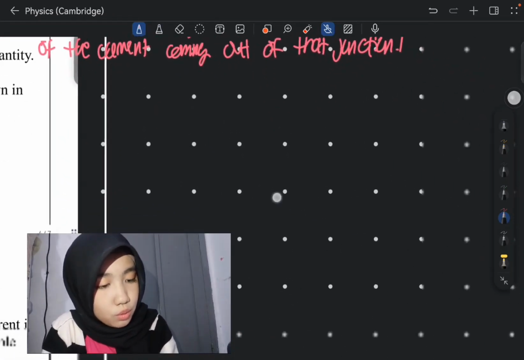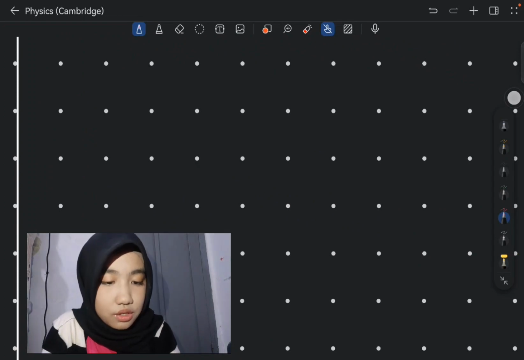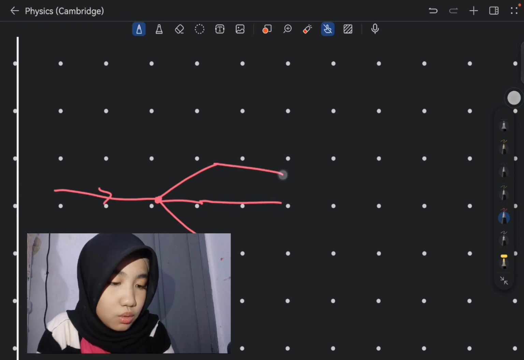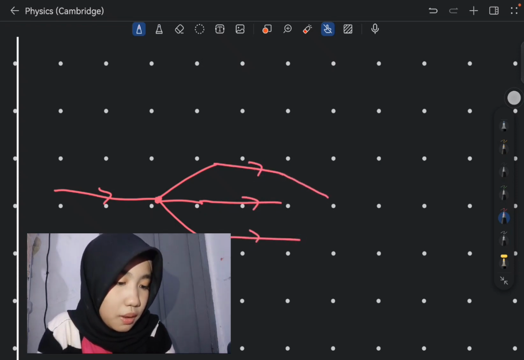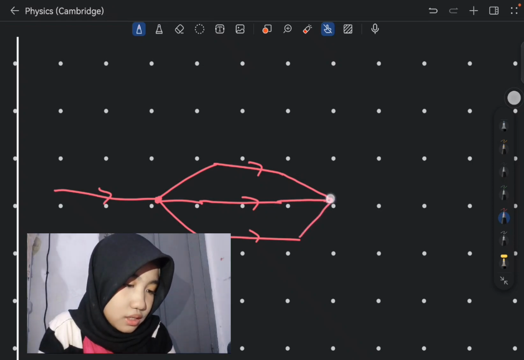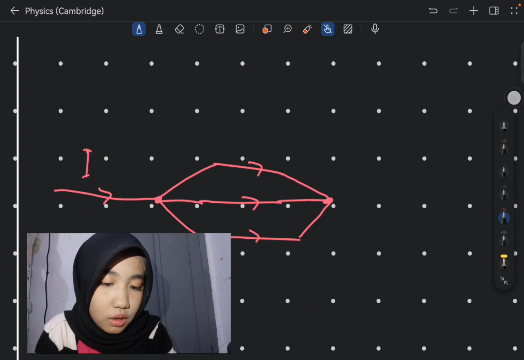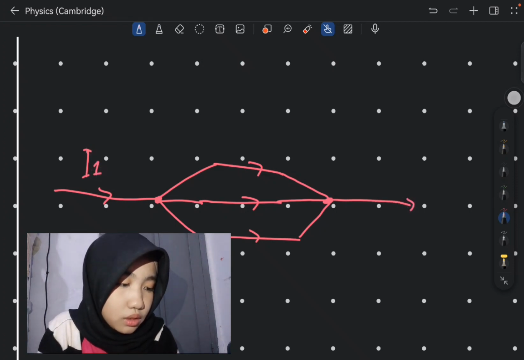If you would like a visualization, say we have this and the current goes here, and then you find a junction which divides into 3, and it just goes and goes, and then they reunite here. The amount of current that goes here will always be equal to the amount of current which goes here.